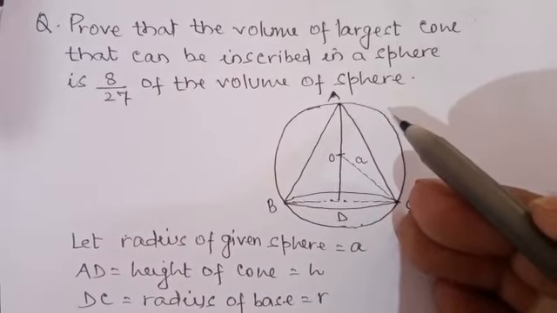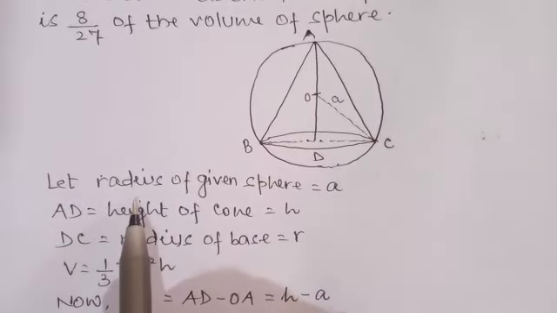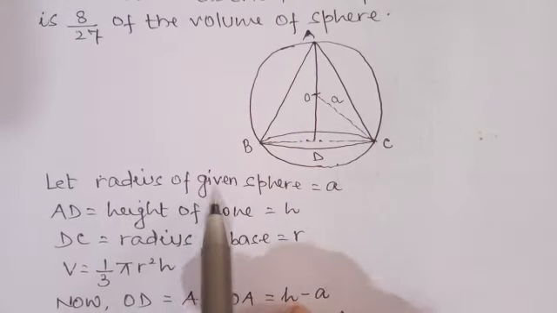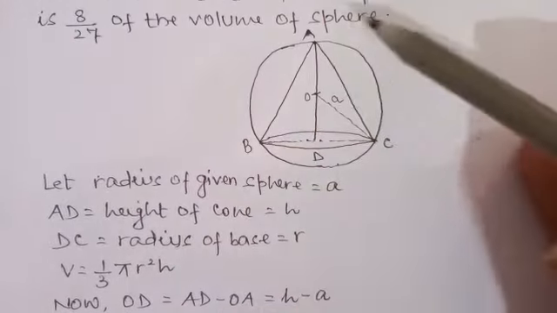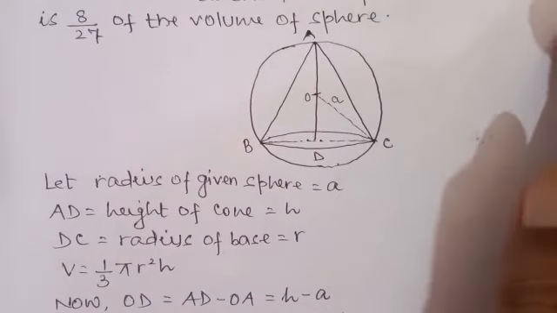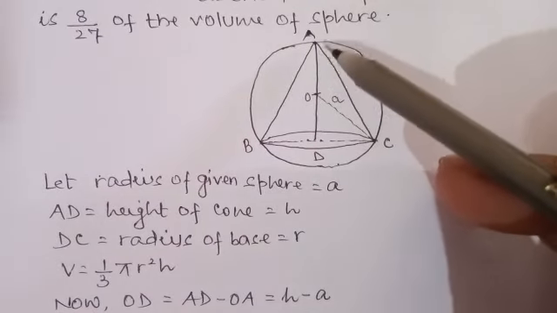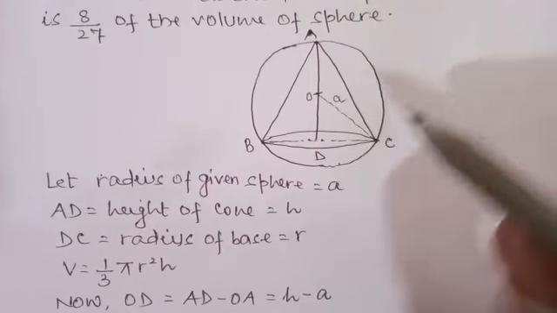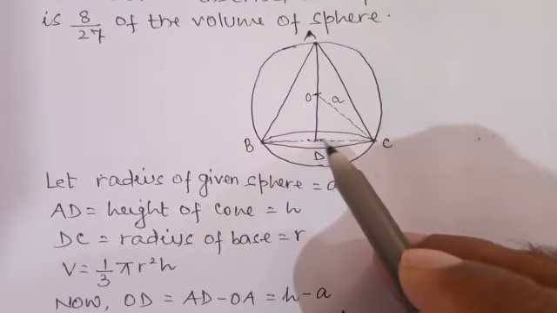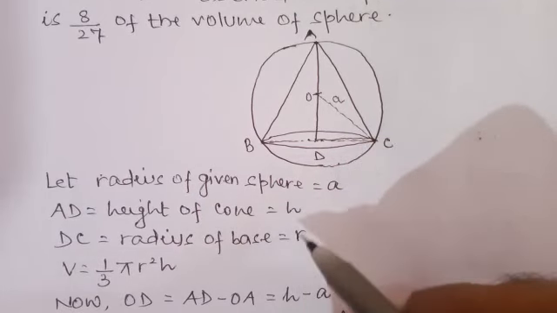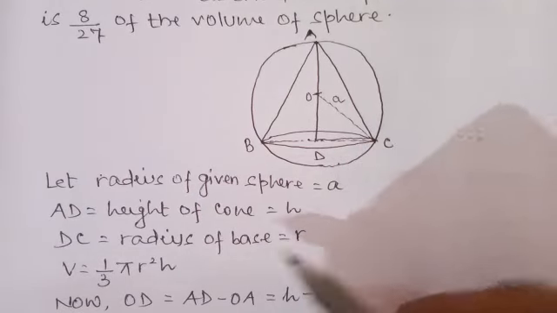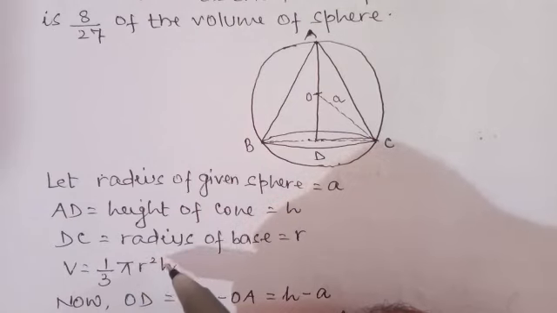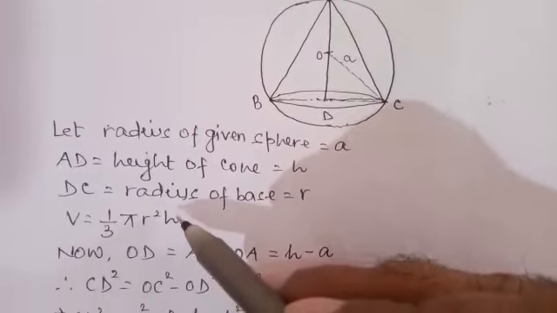Now let the radius of the sphere be A, and AD will give the height of the cone. So AD, that is the height of the cone, is H, and DC, that is the radius of the base of the cone, is R. So the volume of the cone, you know, is 1/3 pi r square H.